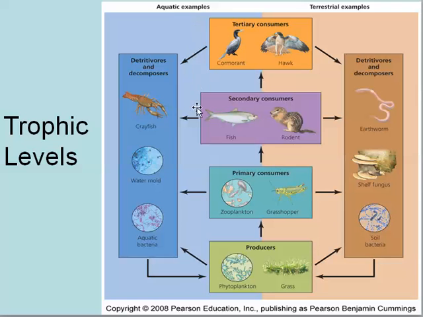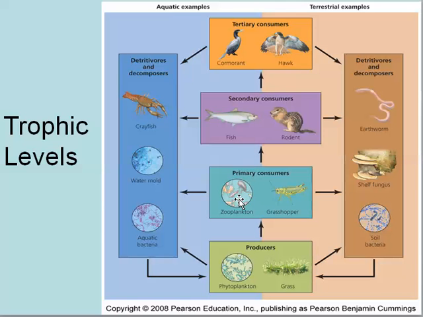So if you look quickly at the aquatic ecosystem example here, there's a counterpart to every level within the terrestrial ecosystem. The producers would be the phytoplankton, little microscopic algae or algae-like organisms. There would also be rooted aquatic plants like we saw in our little lake a little while ago. Then there are the microscopic animal-like organisms that eat those. These would be the primary consumers, the first level of consumption.